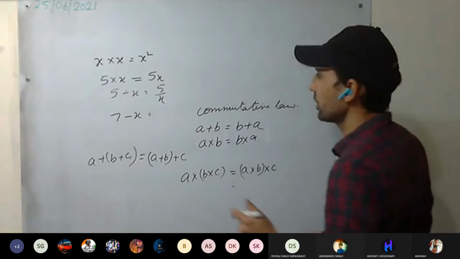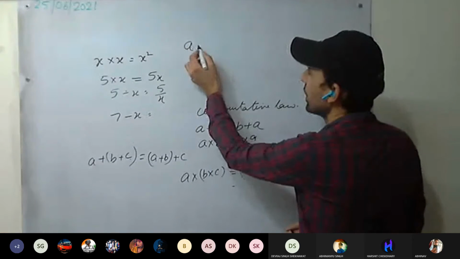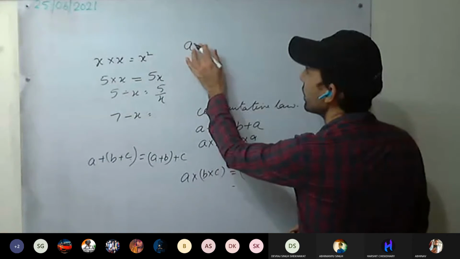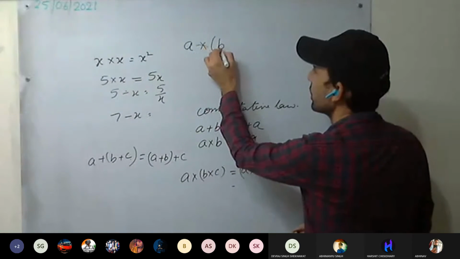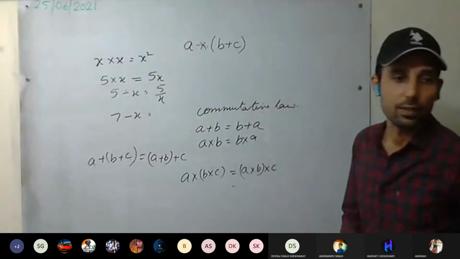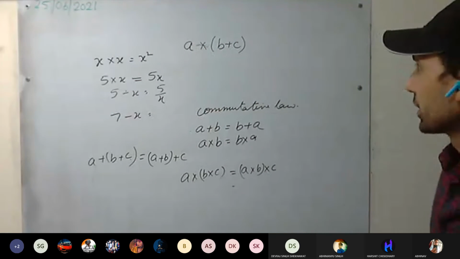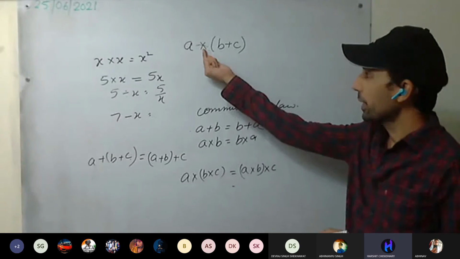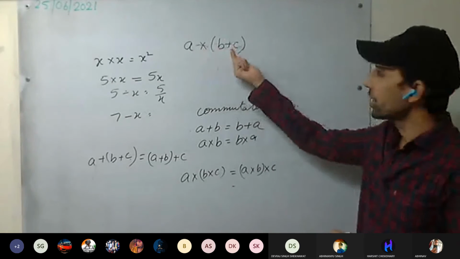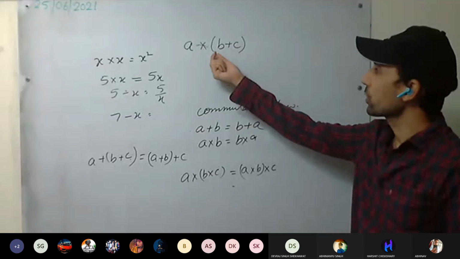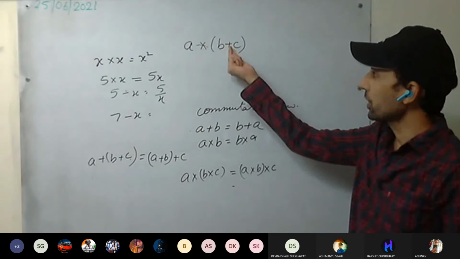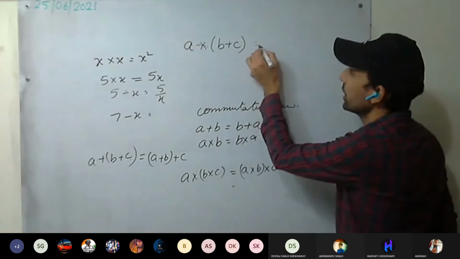And the distributive law, you have studied distributive law. So what is going to be distributed? We are going to distribute multiplication over addition. How?